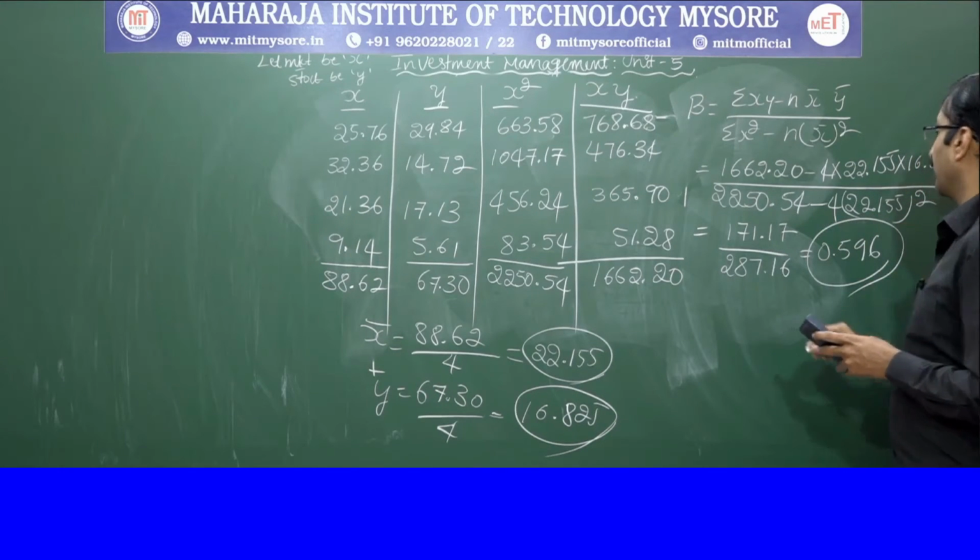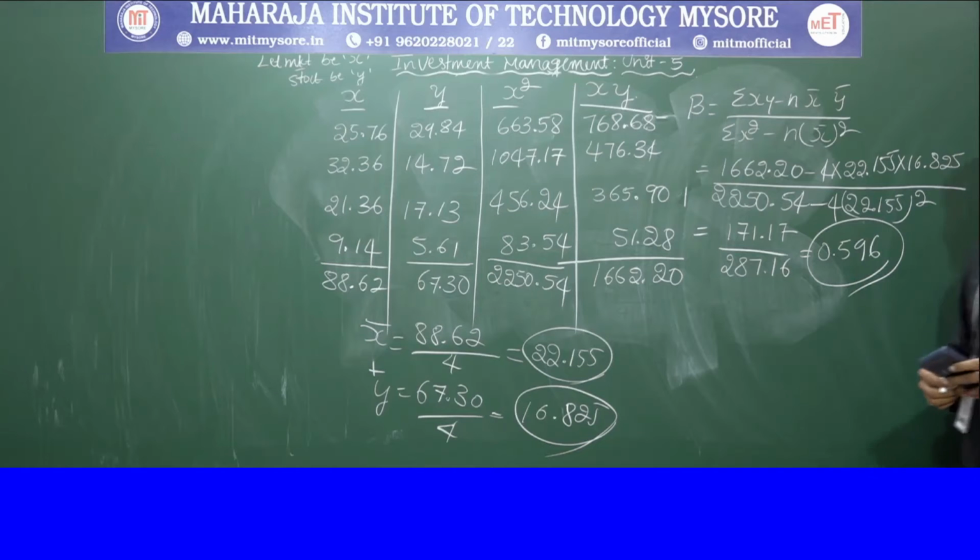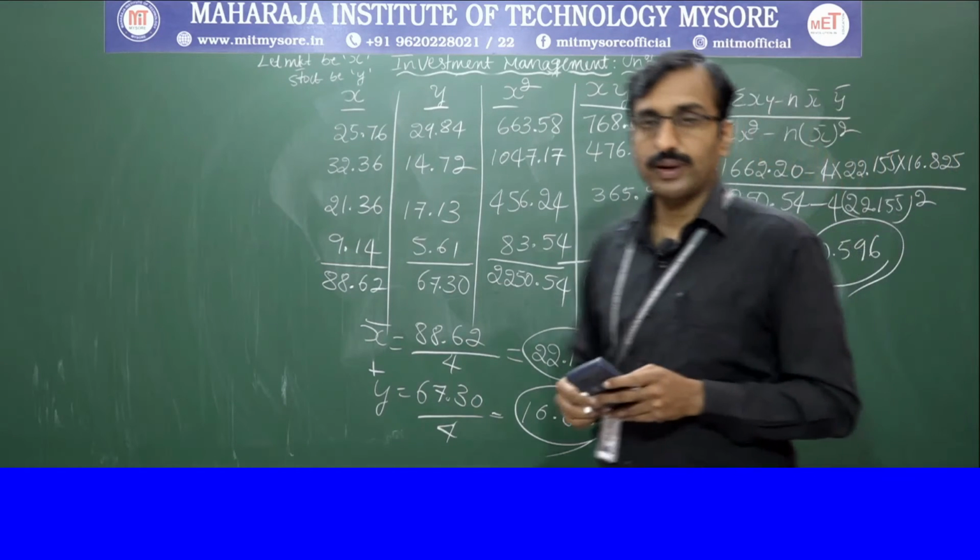This is the calculation of beta. This is how we do it. Hope you understand. Got it?